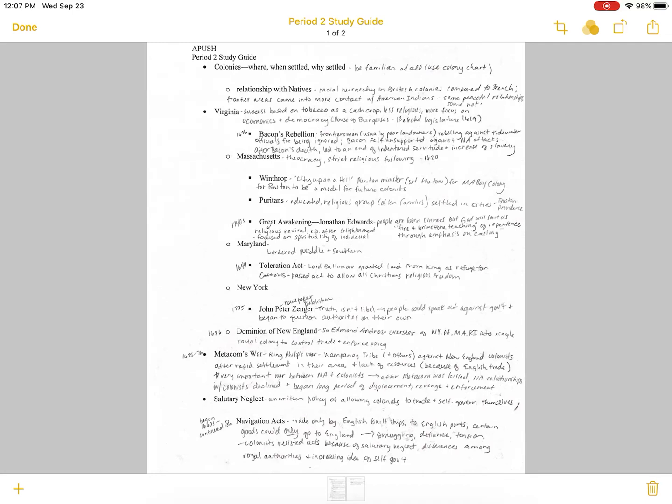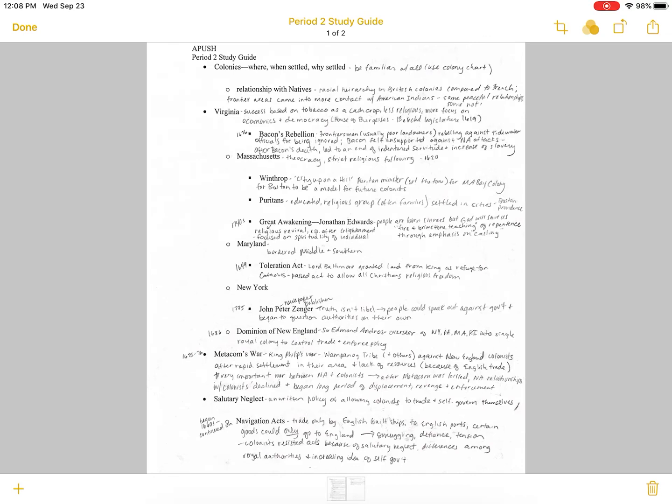After Bacon's death, though, remember, Bacon died kind of a poor death, and it didn't really do any good for Bacon's rebellion, but it did lead to kind of an end of indentured servitude. They realized, we can't keep bringing these people over, and then they're poor and without land, and they're going to be mad, and this is creating conflict or tension, and so it shifted to slavery.